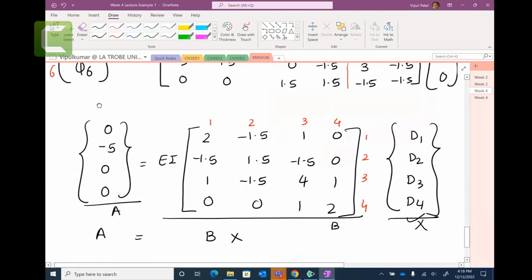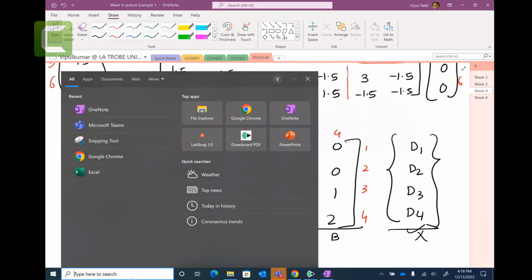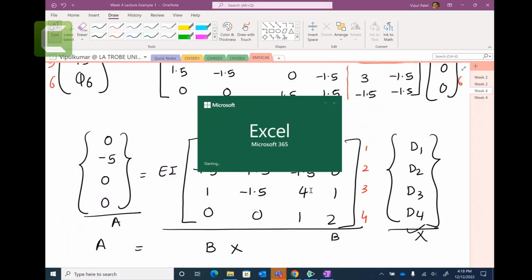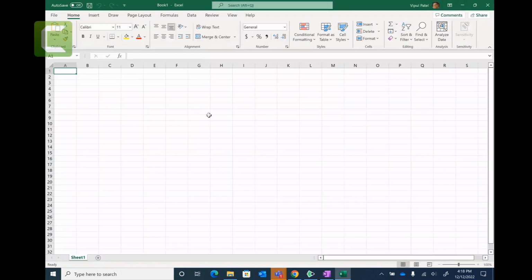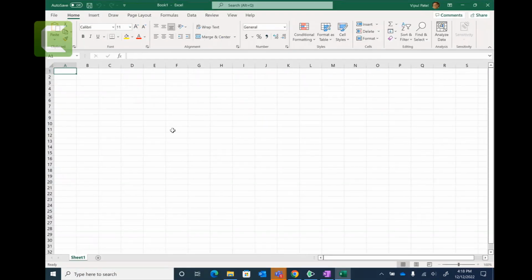All right, so far so good. Now we have this 4x4 matrix, which we want to use in Excel, and we can just invert it. So what we're going to do is type 2, minus 1.5, 1, 0.